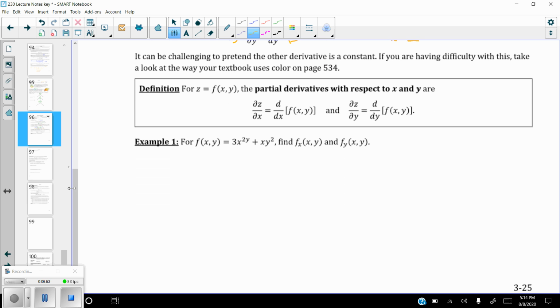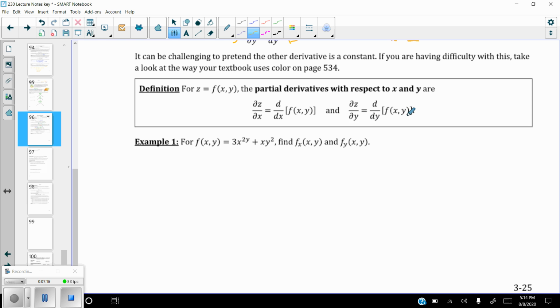All right, so the definition for z equals f of xy, the partial derivatives with respect to x and y are given as ∂z/∂x, with the backwards 6 d's, is equal to the derivative of f of xy with respect to x, and ∂z/∂y is equal to the derivative with respect to y of f of xy.